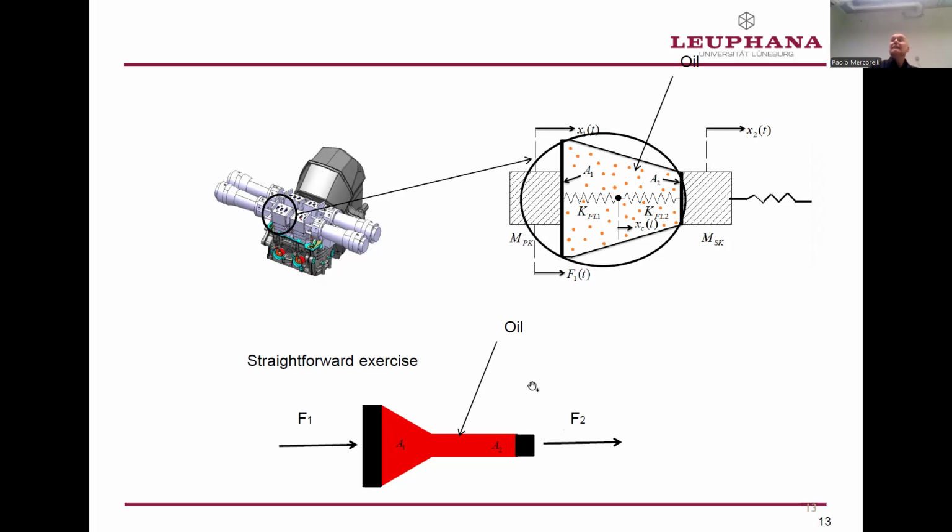It depends. Now, look at this. I will not do in the exam this system here, in which the fluid inside could be air, could be oil, and is considered compressible. And the effect of the compression can be modeled with a spring, very often together with a damping factor.